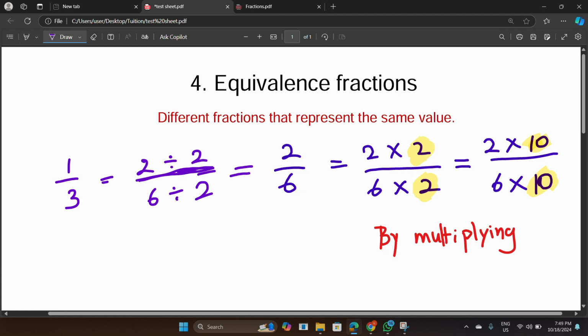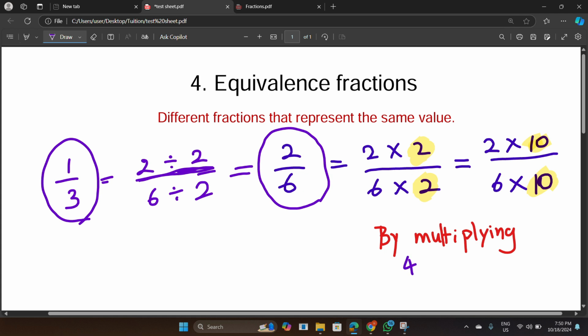So this 1 over 3 is equal to 2 over 6 as well. So this 1 over 3 is an equivalent fraction for 2 over 6. And also by multiplying 2 by 2, we get 4 for the numerator and 12 for the denominator.